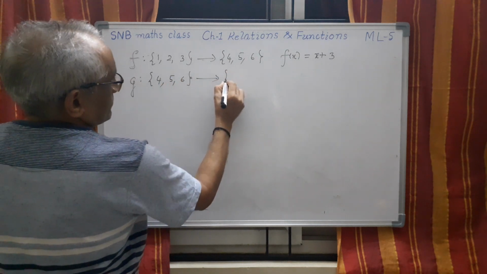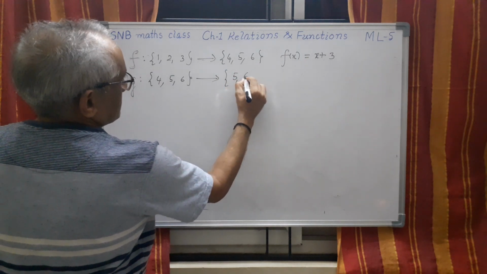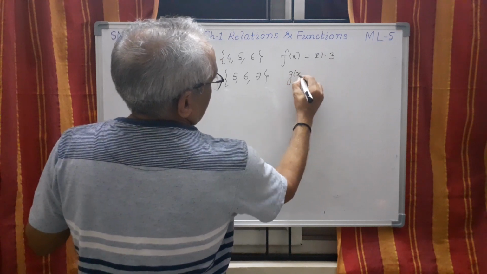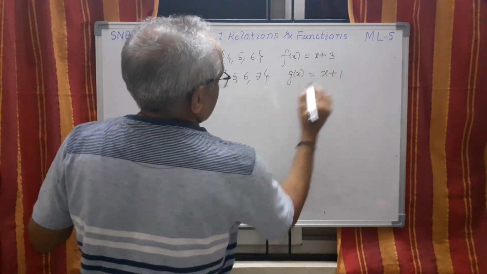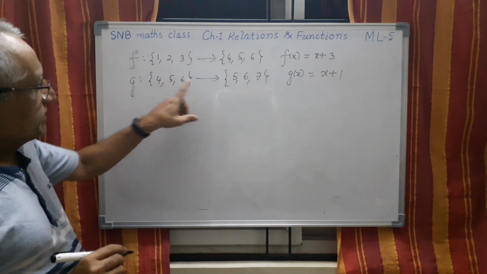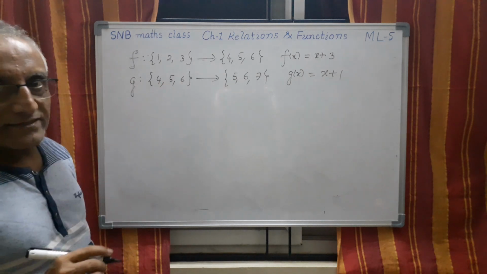Say from here to 5, 6, 7, defined by g of x equal to x plus 1. That is the way I have constructed the function. 4 is going to 5, 5 is going to 6, etc.